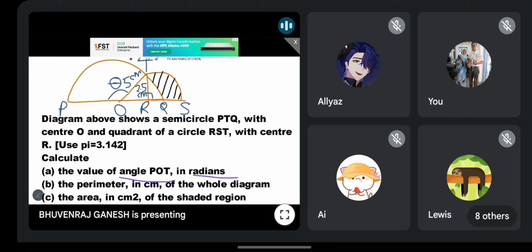Angle of POT in radian. Cari sudut POT dalam radian. Okay, so can anyone tell me what is the concept here that we will use? What must we find first? Sudut apa kena cari dulu?